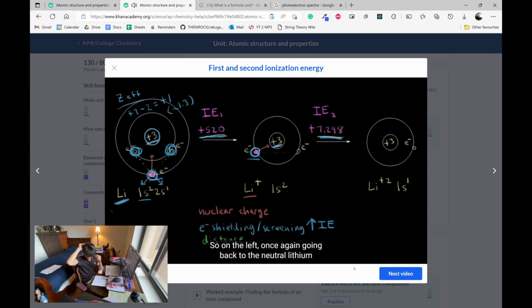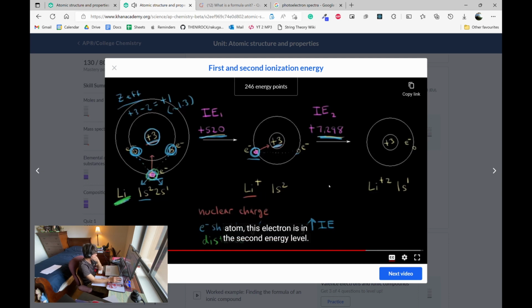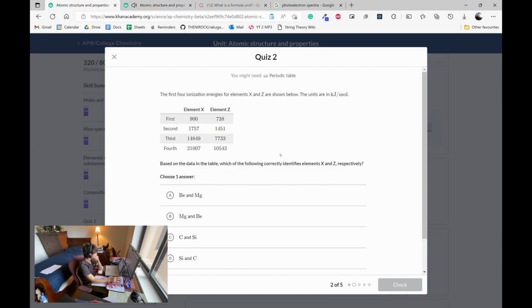What's going on? Cool. Okay. Element X and element Z, which correctly identifies them?